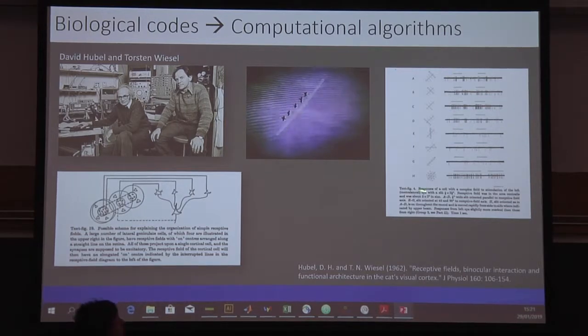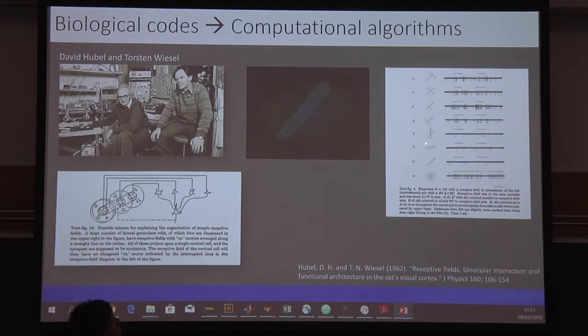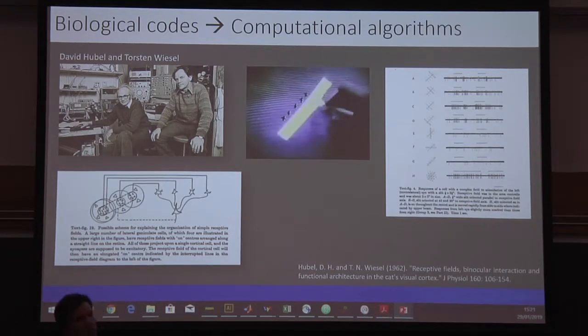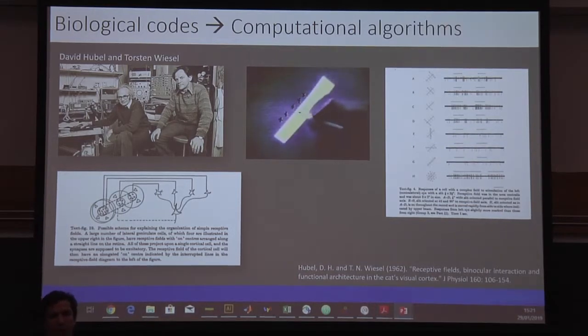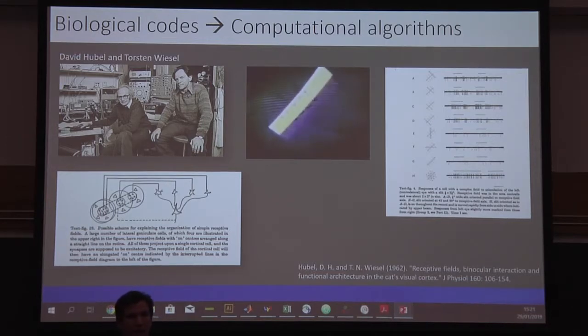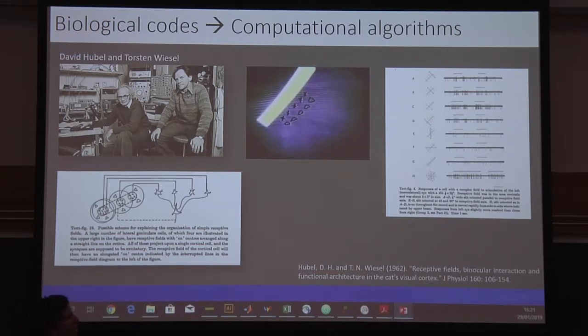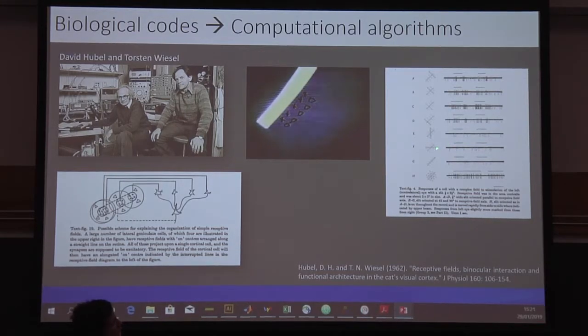And that's something that you can see here. For example, this is a vertical bar, and each one of these bars corresponds to an action potential, the fundamental all-or-none events that the neurons use to propagate information. So when you present this vertical bar, the neuron does not respond.